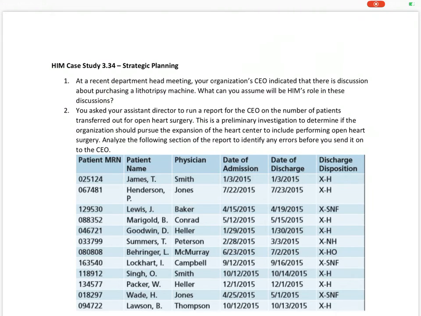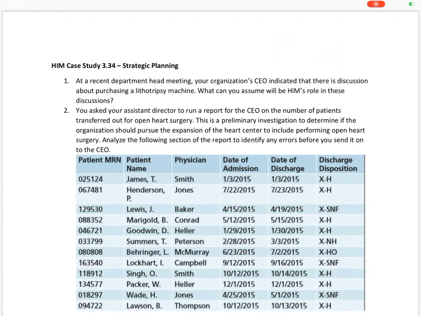Now, the second question, your CEO has asked you to prepare a list of reports for the number of patients that have been transferred out for open heart surgery. So let's pretend this facility does not do open heart surgery, and we're trying to determine whether or not we need to add a heart center to our facility so that we can keep these patients here.